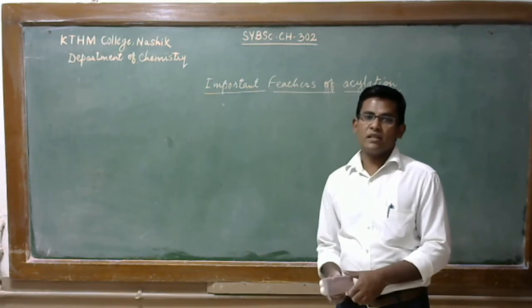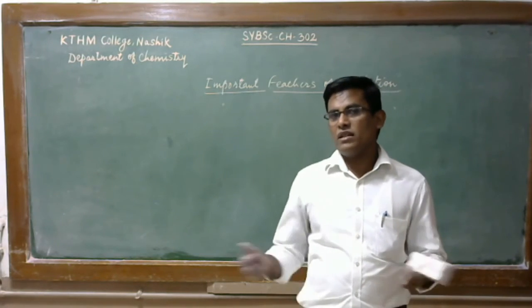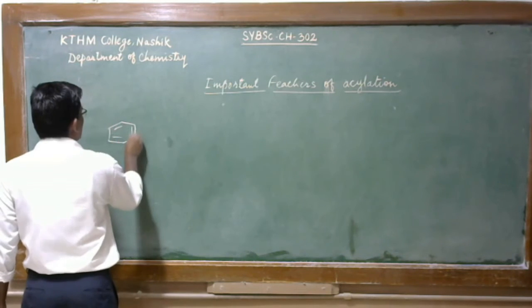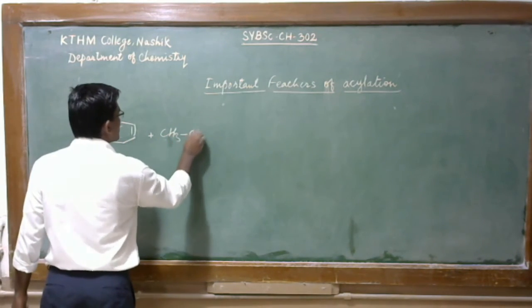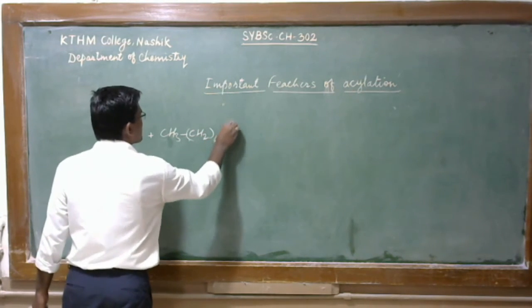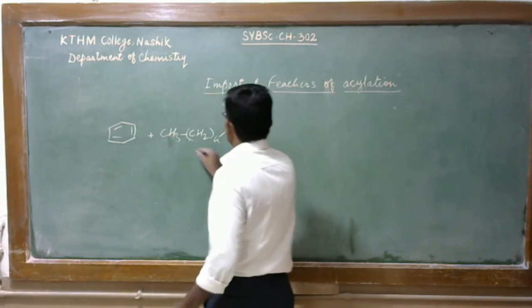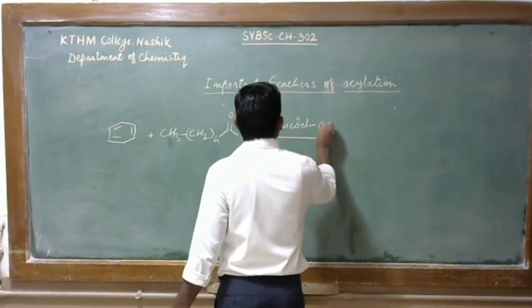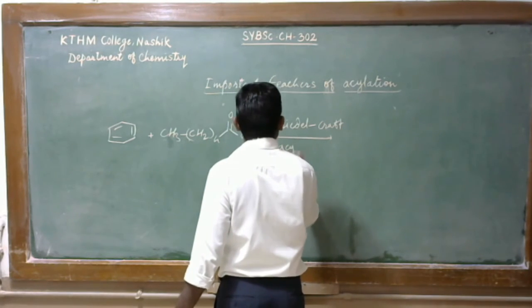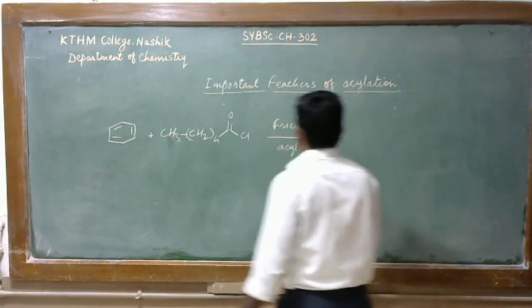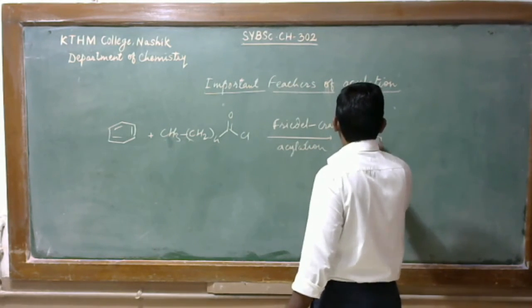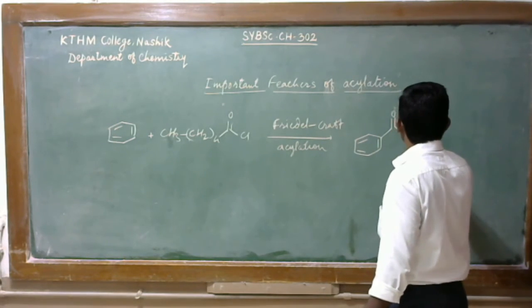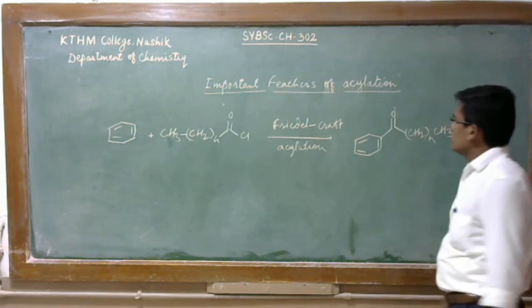For example, when benzene reacts with this acetyl chloride in a Friedel-Crafts acylation, it gives rise to the acylated product like this, with CH3.